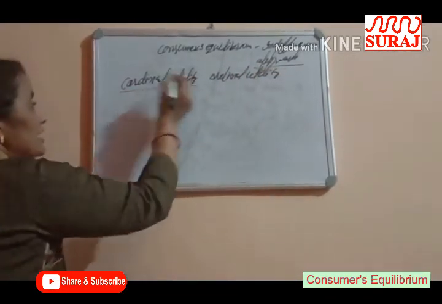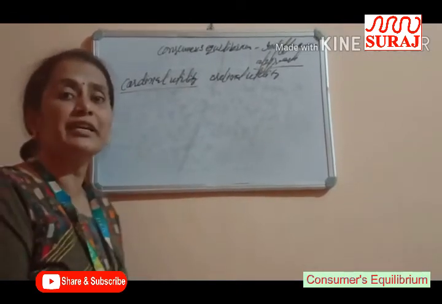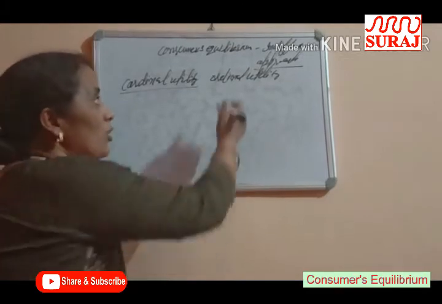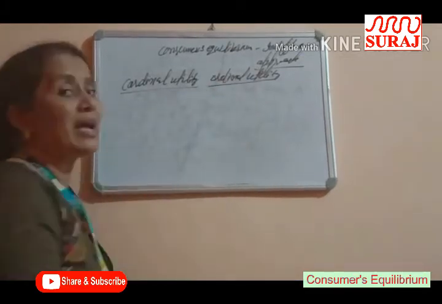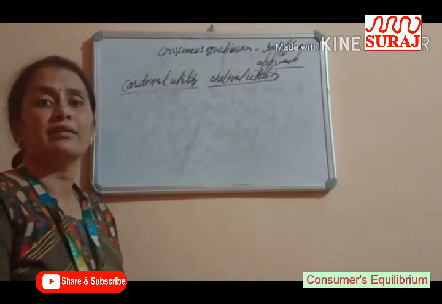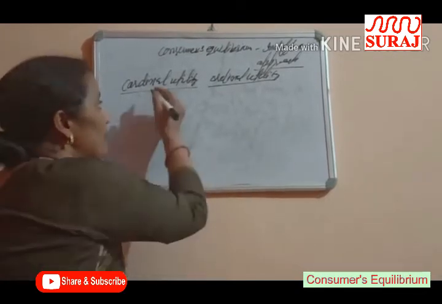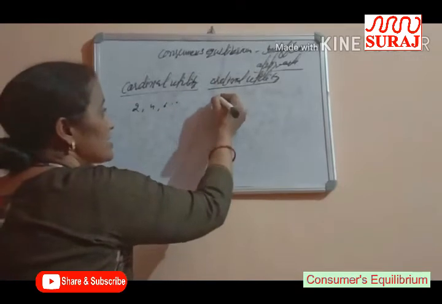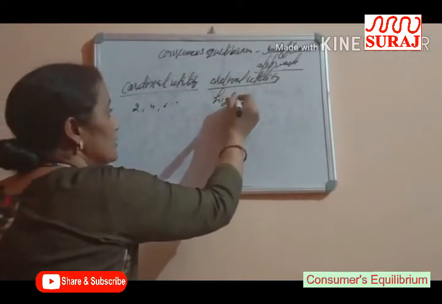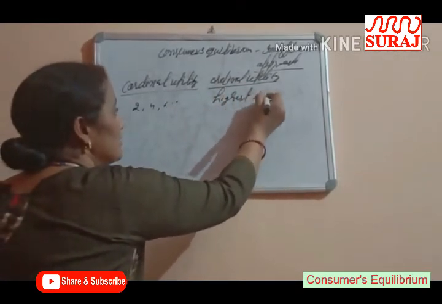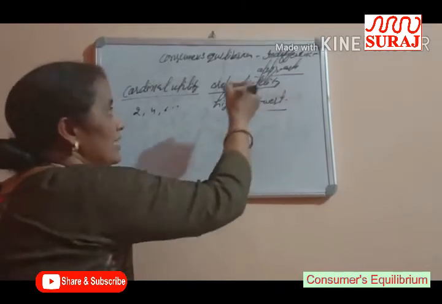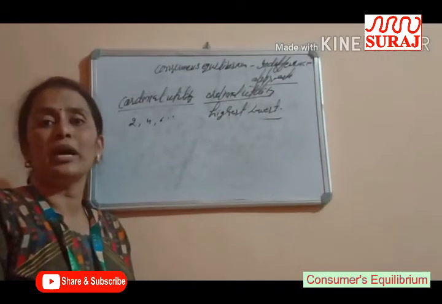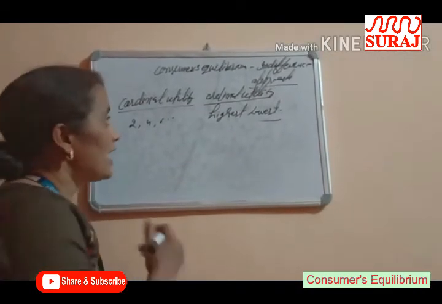Cardinal utility can be measured in terms of numbers, and ordinal utility can be measured in terms of rank, right? For example, 2, 4, 6, 8, and in this the highest, lowest, increase and decrease measure the quality of the items.